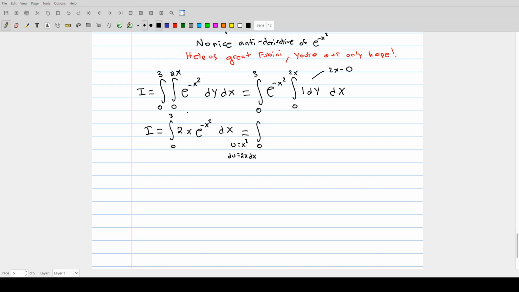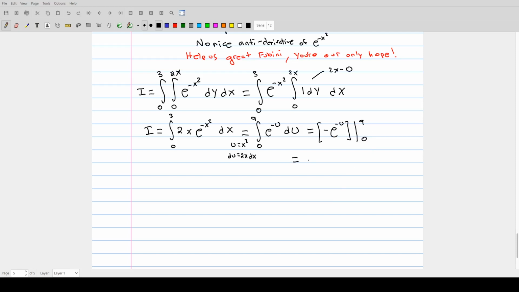And then our upper bound is going to be 3 squared, so u at x equals 3 is going to be 9. And it's the function e to the negative u du, which has the antiderivative negative e to the negative u from 9 to 0.